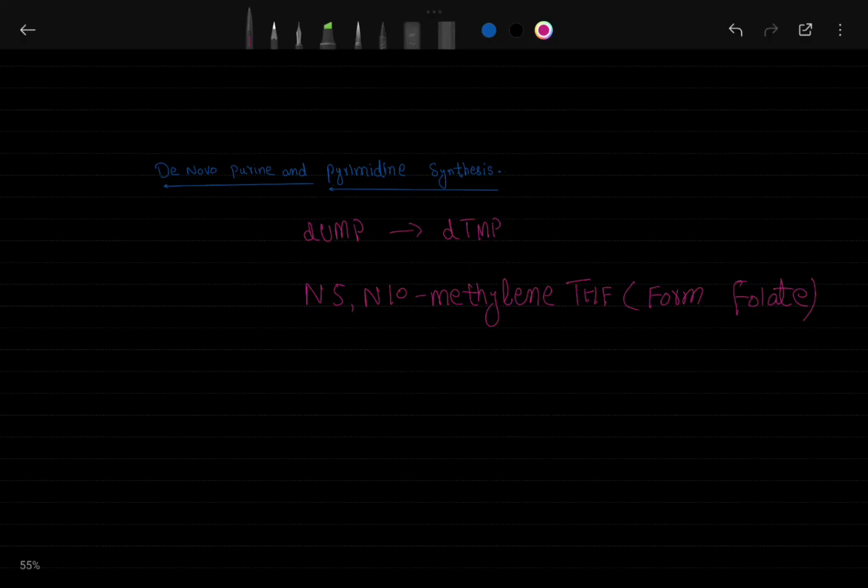After donating the methyl group, the folate becomes DHF, dihydrofolate. It must be recycled back to THF, tetrahydrofolate. The enzyme dihydrofolate reductase is used again.